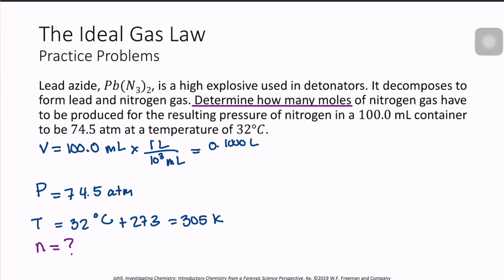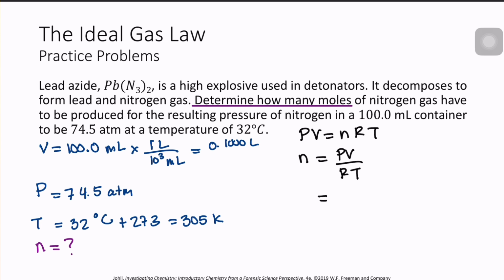Here I have all four properties of the gases, so I know I have to use PV equals nRT. And in this case, I'm going to solve for the moles. So n is equal to PV over RT. And you guessed it, plug and chug situation.